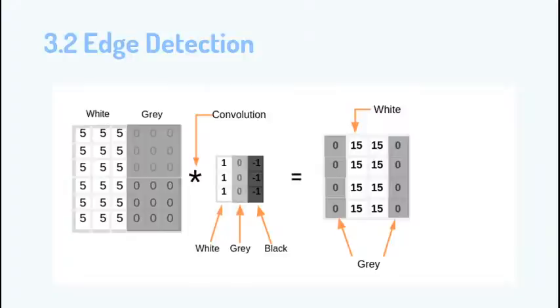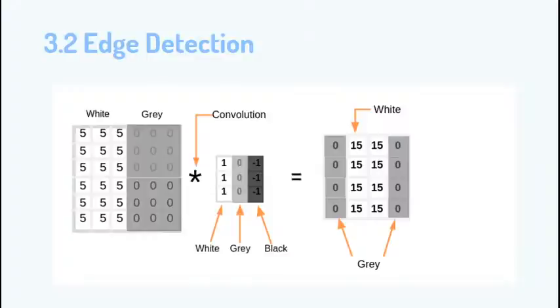For example, if you have a tree image where the background is only blue or green, we need to detect the edges of the tree, so we use an edge detection method. For example, here I have one image, a grayscale image.